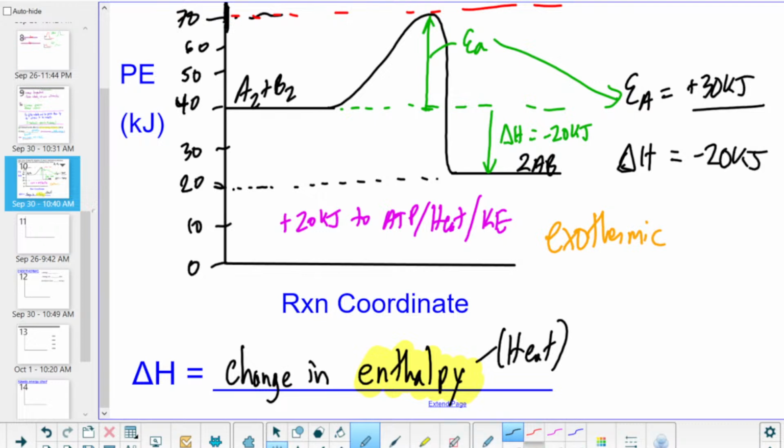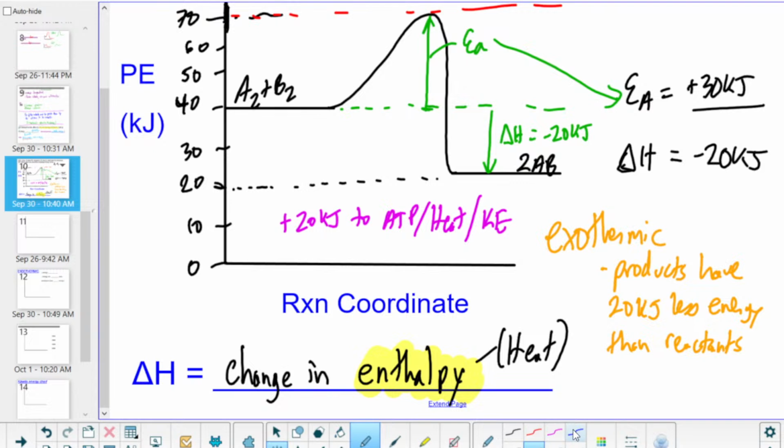And so the change in enthalpy is that the energy dropped by 20 kilojoules from reactants to products. Or products have 20 kilojoules less energy than reactants. So a main difference between Chemistry 11 and Chemistry 12, if you're doing these diagrams, is that now we put numbers in them.